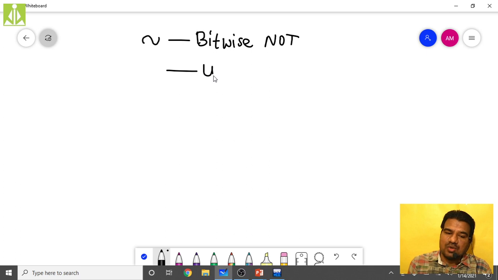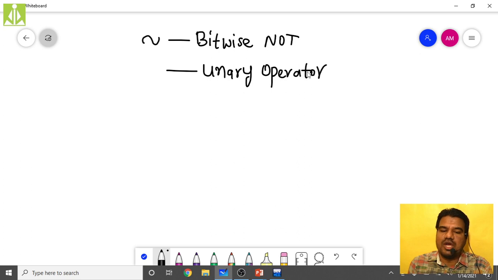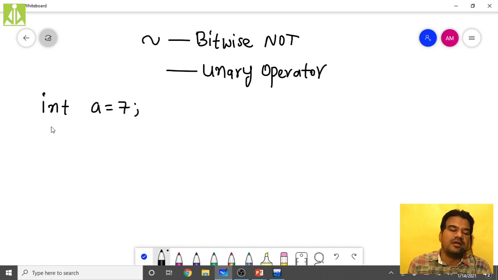It is a unary operator, so it takes only one operand to perform the operation. Now I'm taking int a value as 7, then an integer C, and I'm storing C is equal to NOT of A.